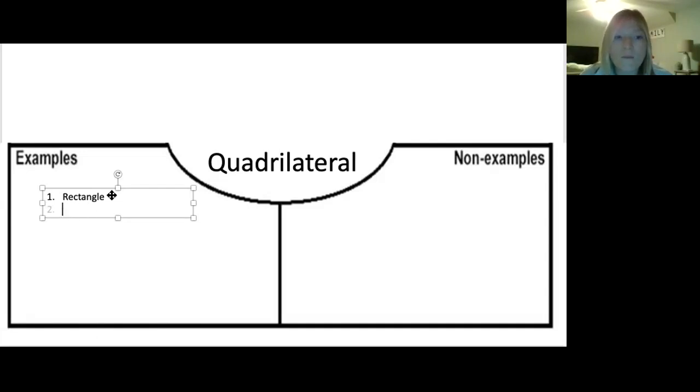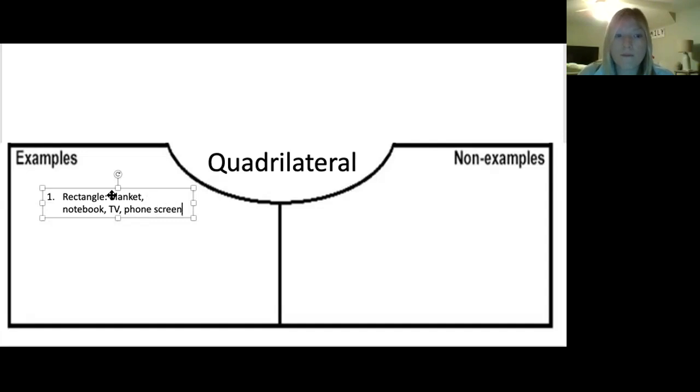So let me do this. Here's a rectangle, blanket, a notebook. What about a TV? Would TV be a quadrilateral? Can you give me a thumbs up if you think that is? Awesome. TV. Would even my phone, I have 4 sides and it's a closed shape. So the screen of my phone, so let's say phone screen.